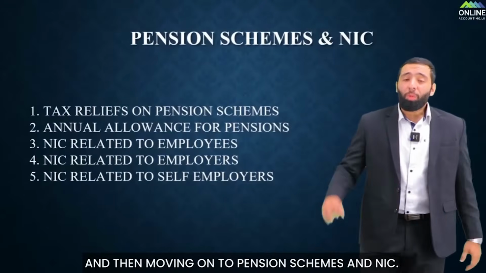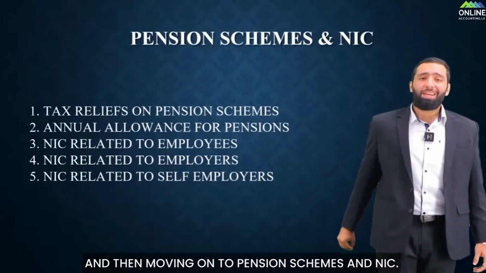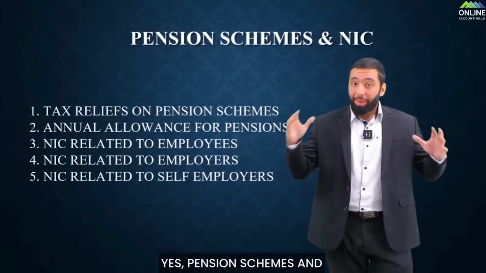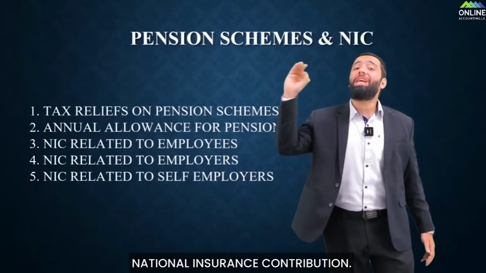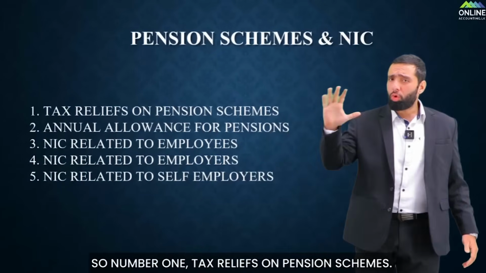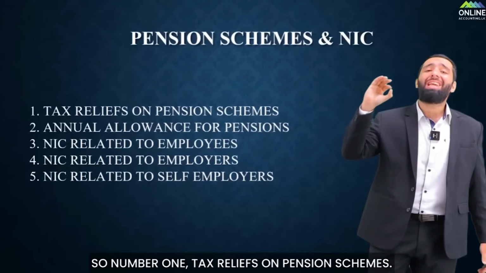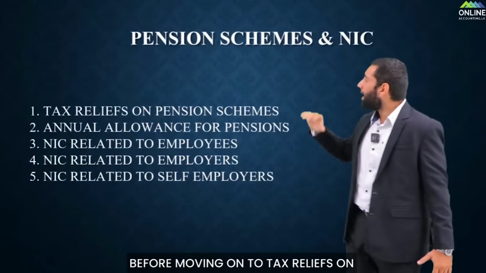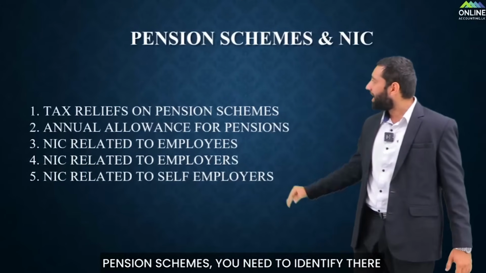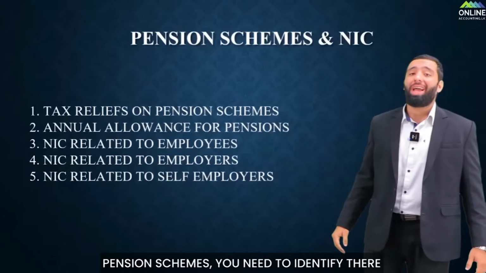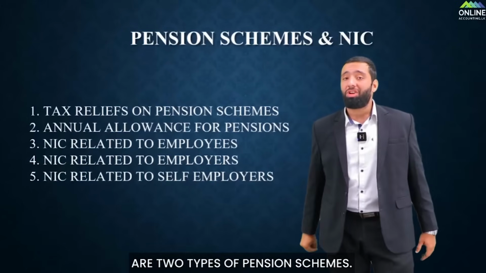And then moving on to pension schemes and NIC. What is this? Yes, pension schemes and national insurance contribution. So, number one, tax reliefs on pension schemes. Before moving on to tax reliefs on pension schemes, you need to identify there are 2 types of pension schemes.